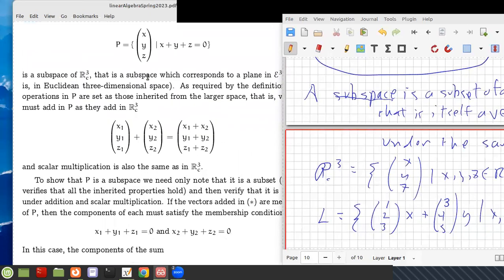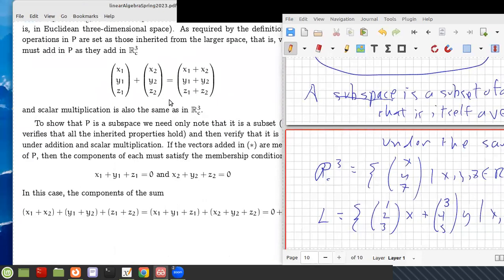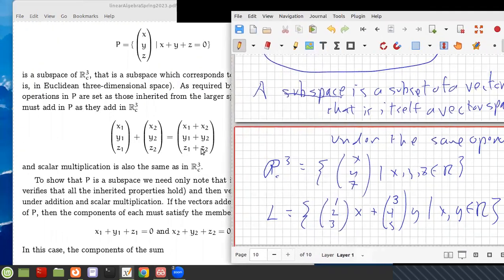You can go through and show all the properties, but it turns out, and this is going to be a theorem, that the only thing you really have to show is that it's closed. Meaning, if I take this definition and add two vectors and get a vector that's back in the same space, this space is going to have all the properties of a vector space. I don't have to check all 10 of those properties. I know just from that one thing.